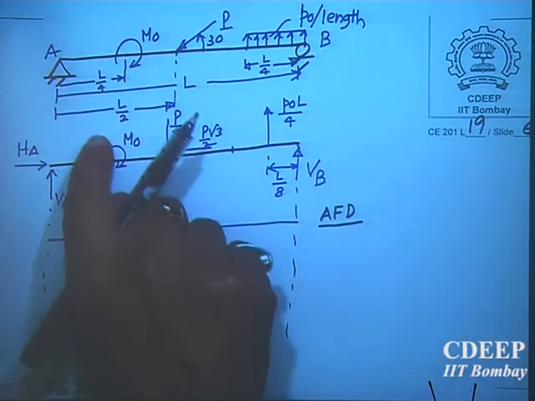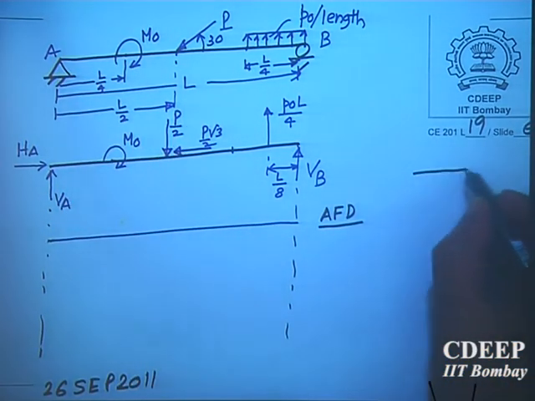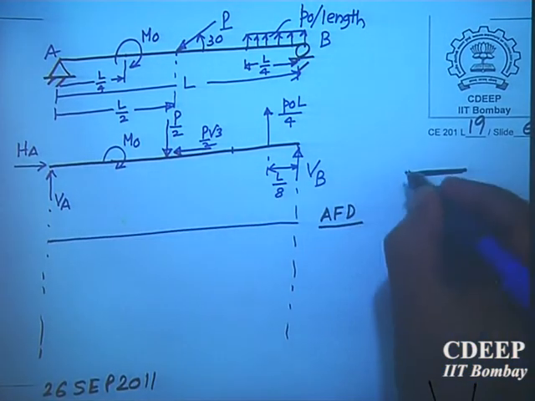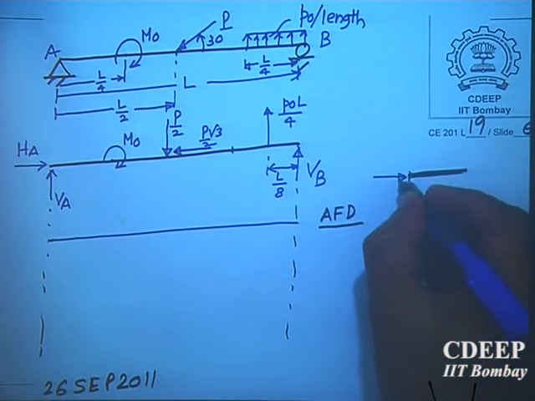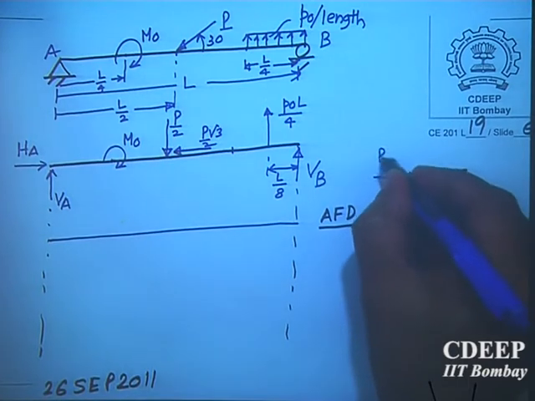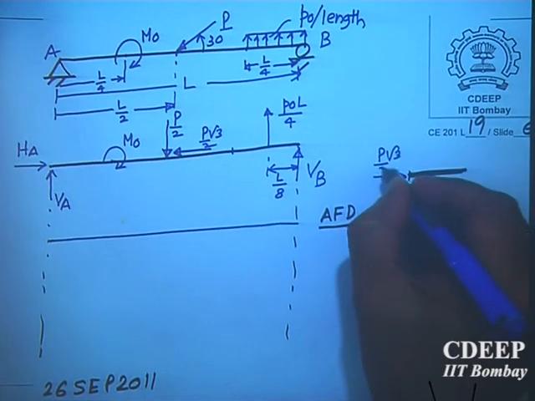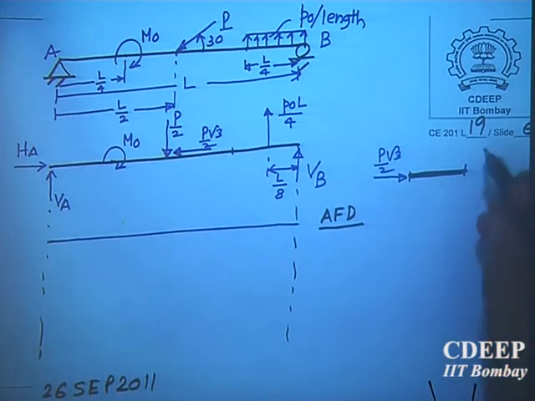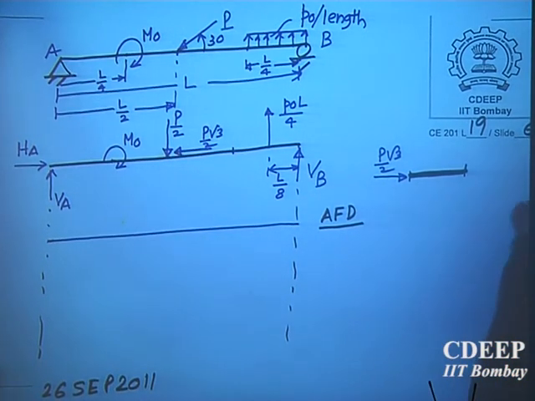At any cross section, if this is the length, when you are doing axial force, at this end you have HA. HA is equal to P root 3 by 2. So at any cross section, what is the notation that we are using for axial force?